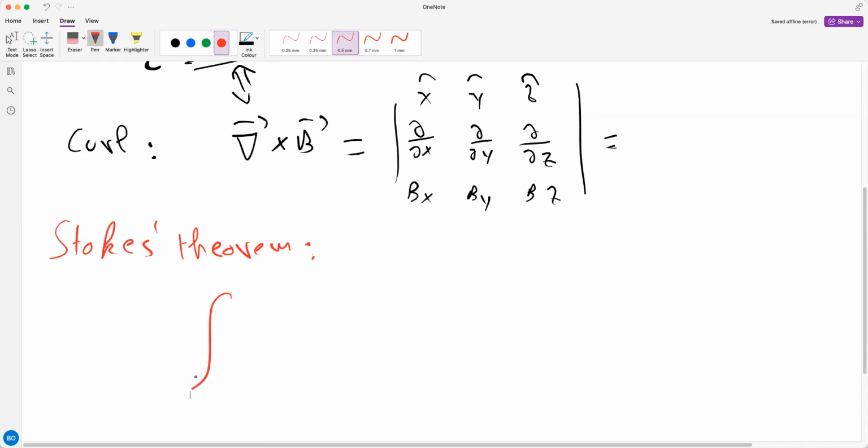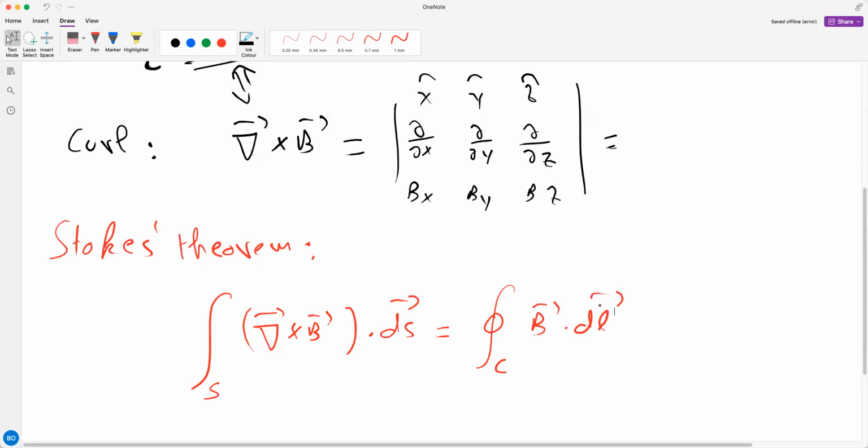So if I want to calculate the surface integral of this vector over a surface, all I have to do is to calculate the line integral of B dl. We will use it and give some demonstration later.